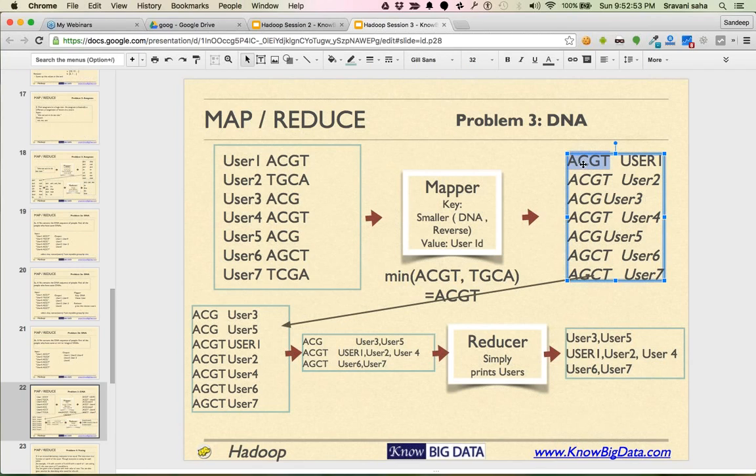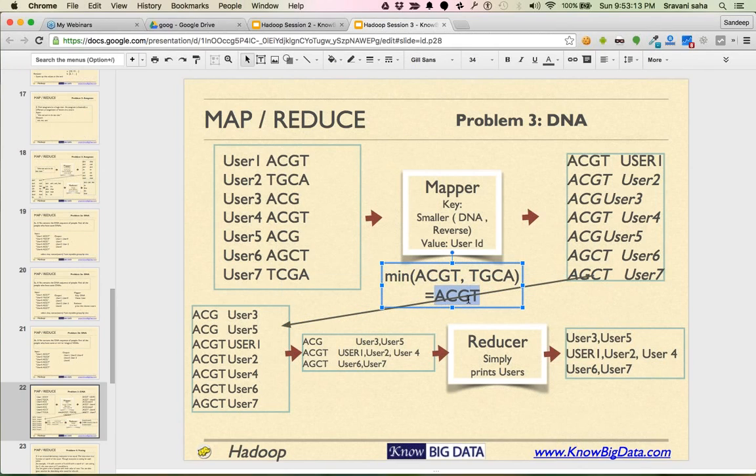For user 1, what is the DNA? ACGT, right? And what is the reverse of ACGT? It is TGCA. And the minimum of these two is ACGT.